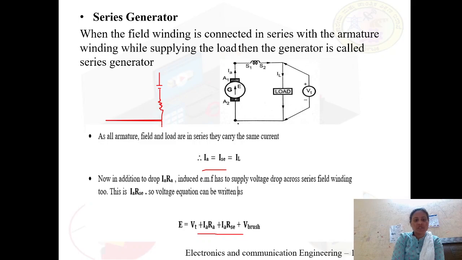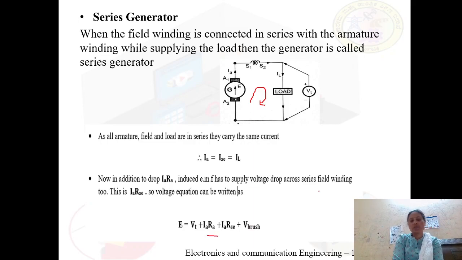This is the armature resistance and this is the EMF, E and IaRa. And this portion is the field winding and here is the load. By applying KVL to this particular loop, we can find the expression for the EMF. This is another alternate way.